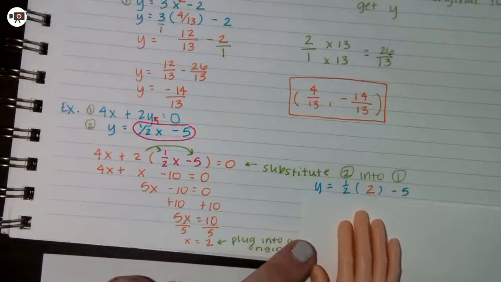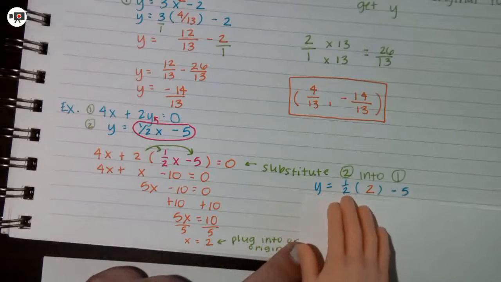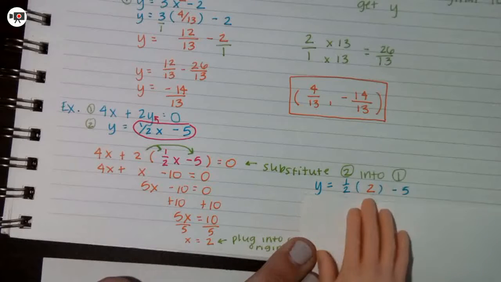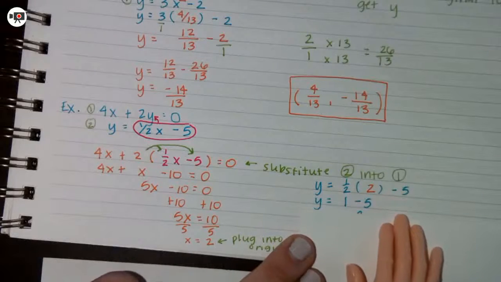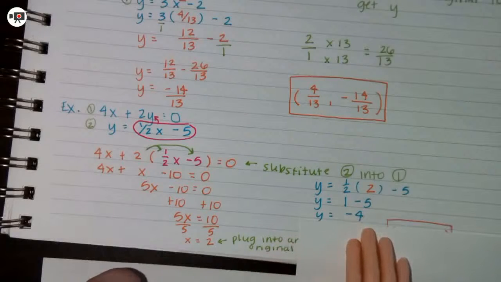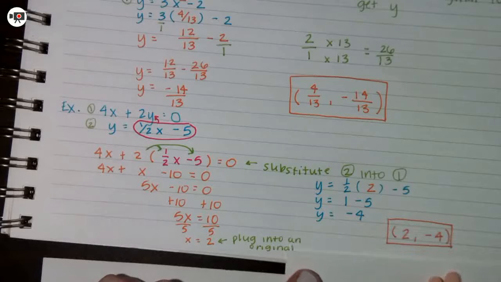So I choose the one that will automatically give me y, and I have y equals 1/2, and instead of x, I know x is 2, so 1/2 times 2 minus 5, that's y equals 1 minus 5, y equals negative 4. So my solution, my answer, is the point 2, negative 4.